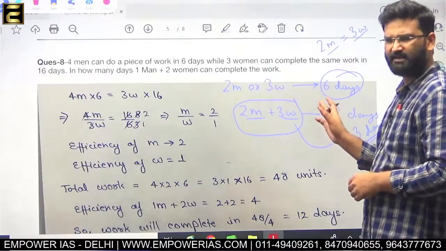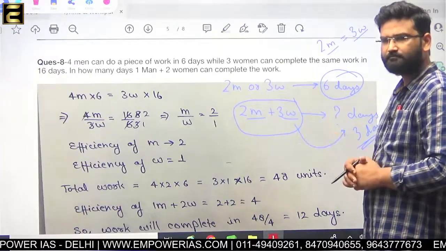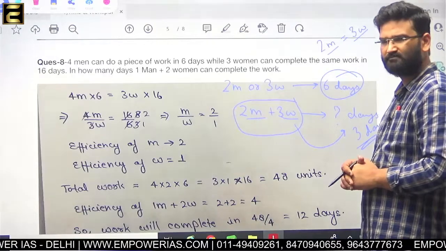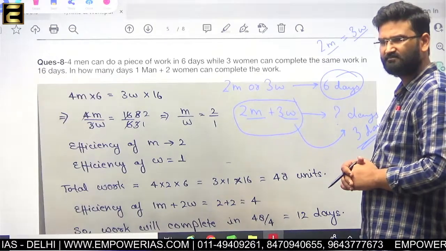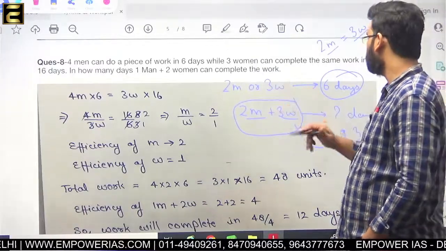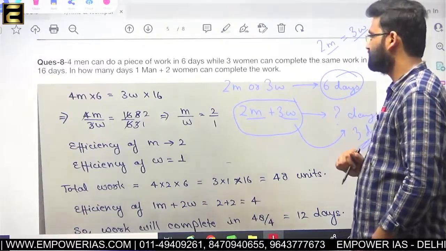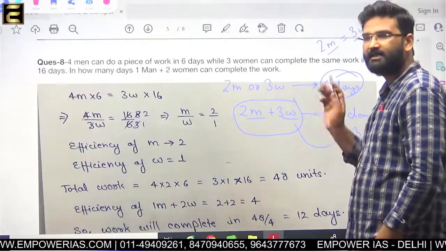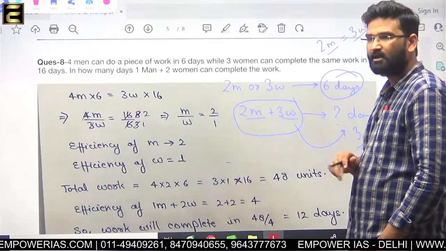समझ में आ रहा है ये मैं क्या कर रहा हूं? लॉजिक हो गया, मैं इसको वैल्यू मान लेता हूं ना. Suppose 2 men और 3 women can complete the work in 6 days, so what I will do, take the LCM. हाँ, मैं वैल्यू करके बना दे रहा हूं.